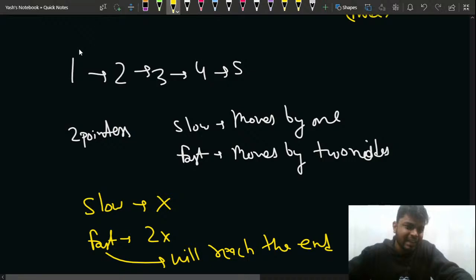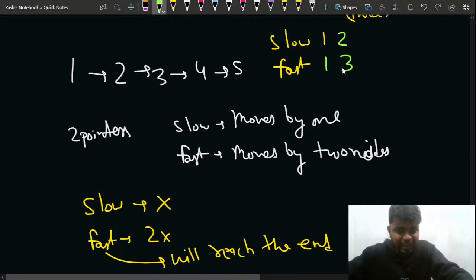What will happen? Let's say I make slow and fast pointers. Okay, I have these slow and fast pointers. What I could do is initially both of them will be at 1. Now my slow moves by 1, so slow moves to 2, fast moves to 3, then my slow moves to 3, it moves by 1, and fast moves to 5, like this. Okay, then at the moment when my slow moves to 4, my fast would be moving to null, at the end of the linked list.